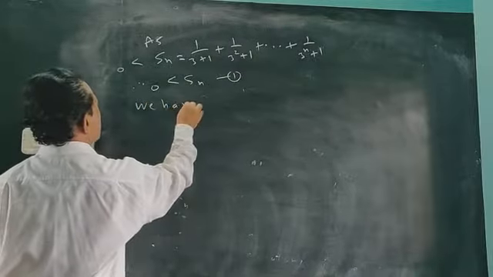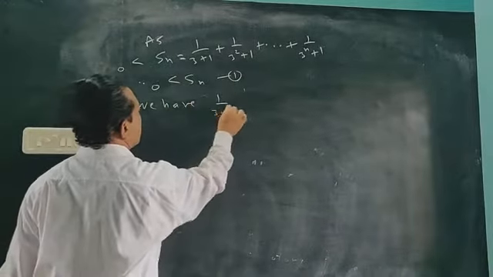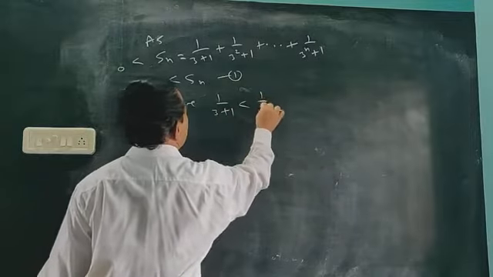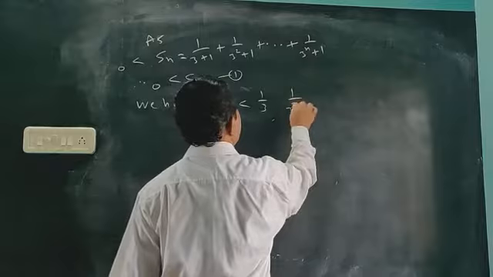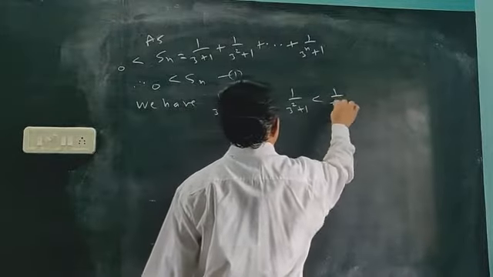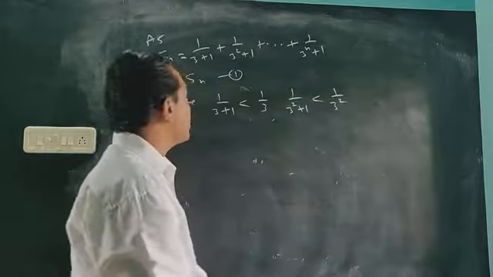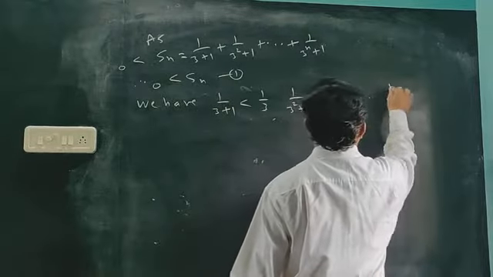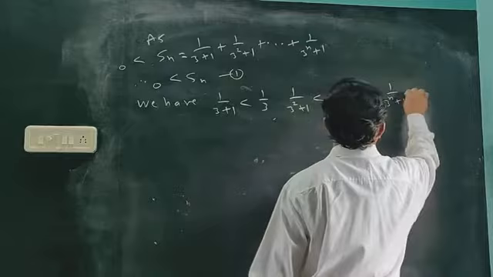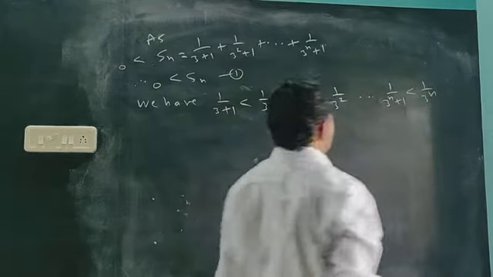Now we have relations about these terms. 1 upon 3 plus 1 will be less than 1 by 3. 1 by 3 square plus 1 will be less than 1 by 3 square. Or in this way, 1 by 3 raised to power n plus 1 will be less than 1 by 3 raised to power n.